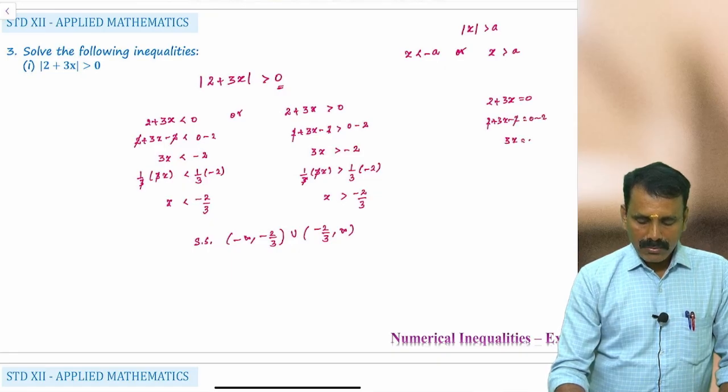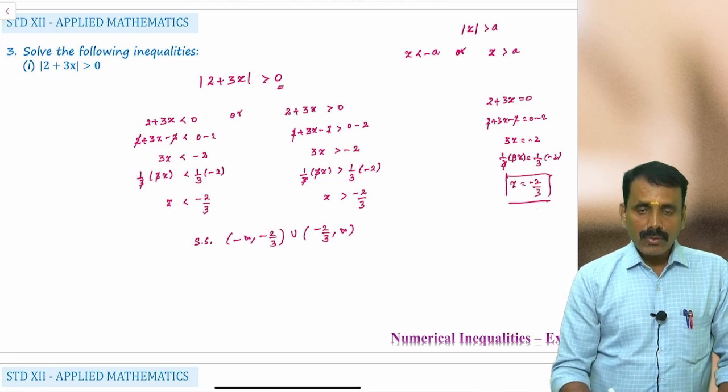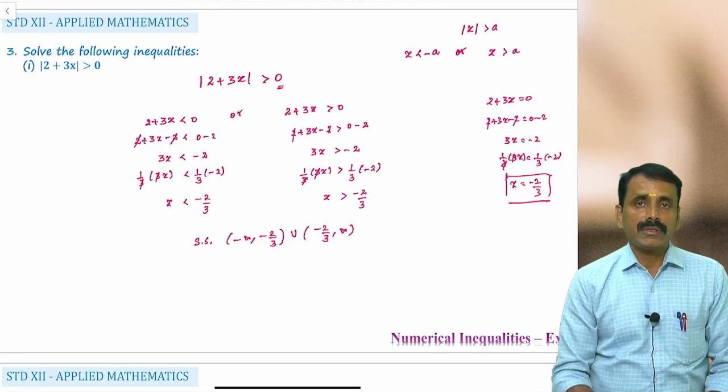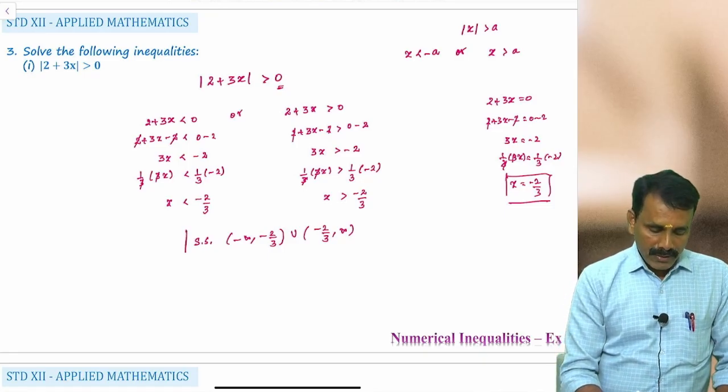So, 3x is equal to minus 2. So, 1 by 3 into 3x will be equal to 1 by 3 into minus 2. So, x is equal to minus 2 by 3. So, this particular value of x alone should be omitted in the solution set. That is what we are getting here.